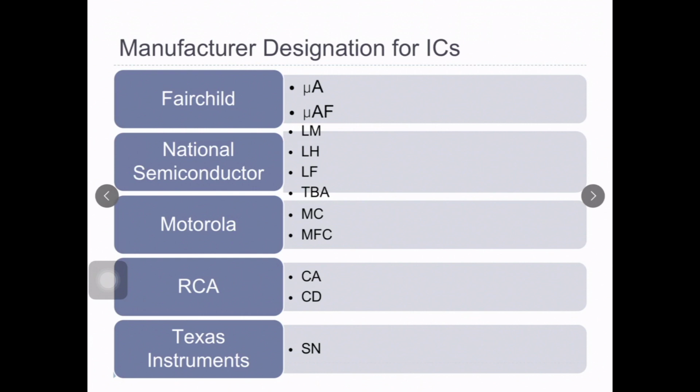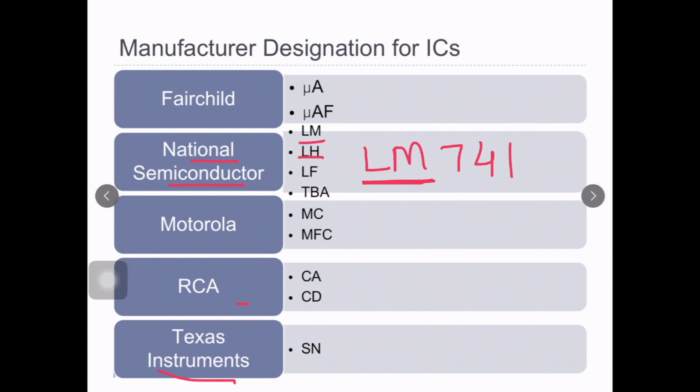There are various manufacturers for ICs: Fairchild, National Semiconductor, Motorola, RCA, Texas. All these companies are making ICs. And when we are going to purchase any IC, we have to order it by a number. When it is written as LM741, this means that it is an IC manufactured by National Semiconductor.